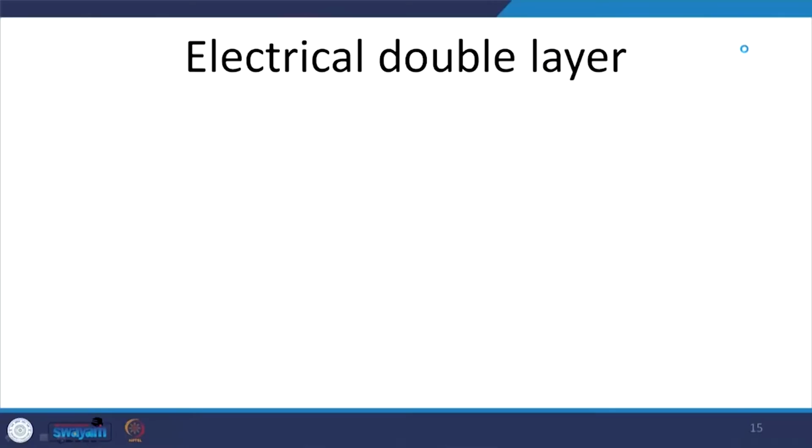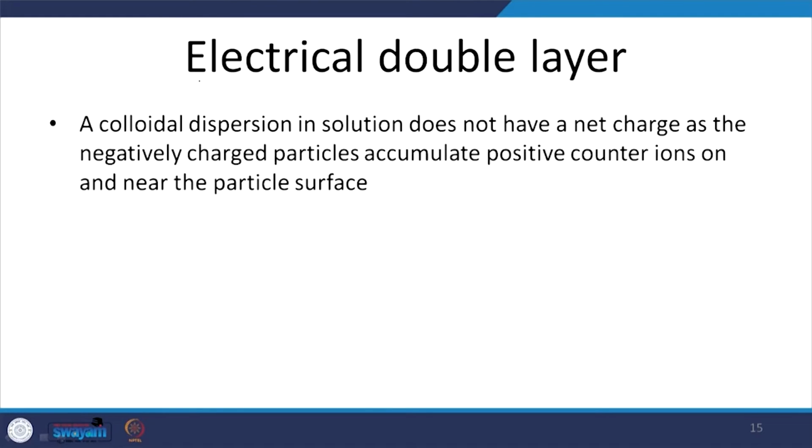To be able to come together, let us look at what forces are acting there. We have what is called an electrical double layer. Unlike what we just mentioned, a dispersion in solution does not have a net charge. Why is that?